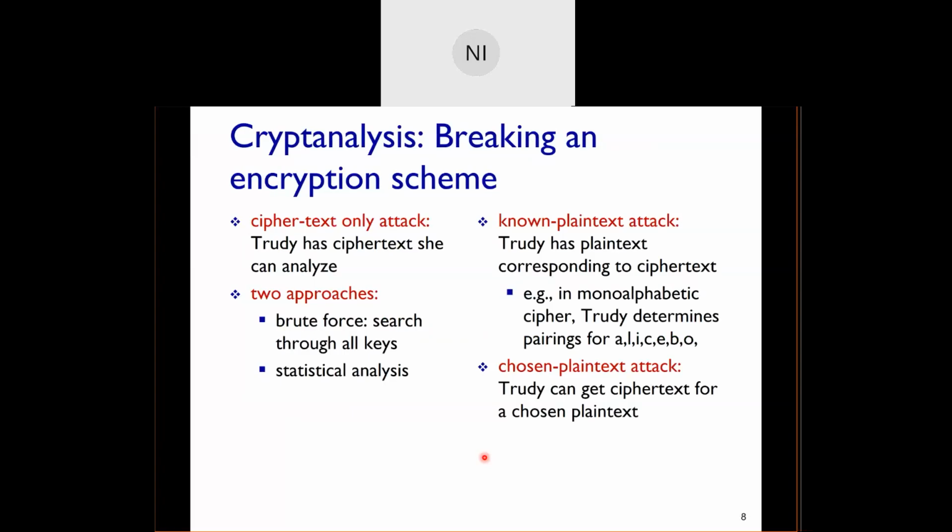If you are talking about breaking these encryption schemes, in other words, trying to understand what is the plain text corresponding to the given ciphertext, we call that cryptanalysis. There are different kinds of attacks that are possible. One of the attacks that you can think of is the ciphertext only attack.